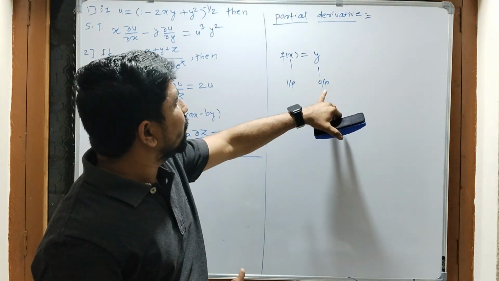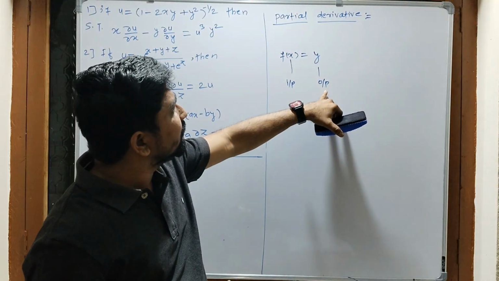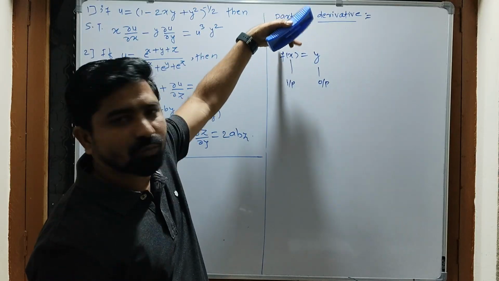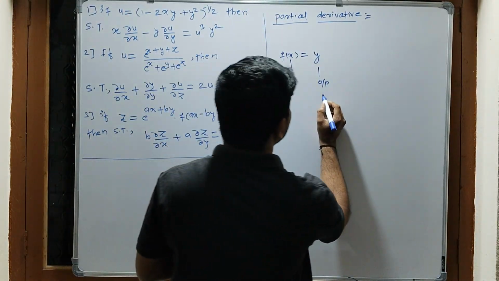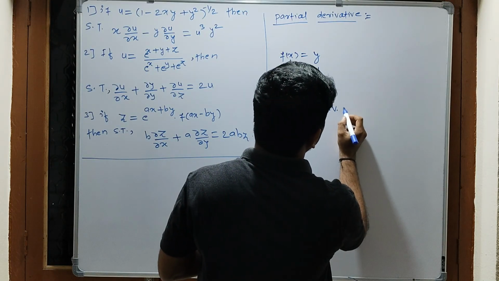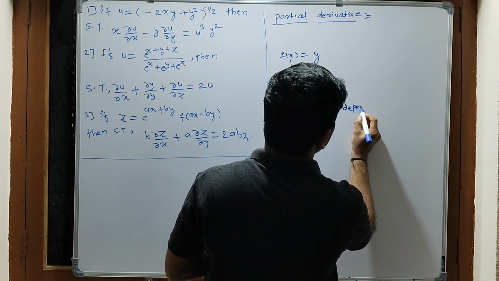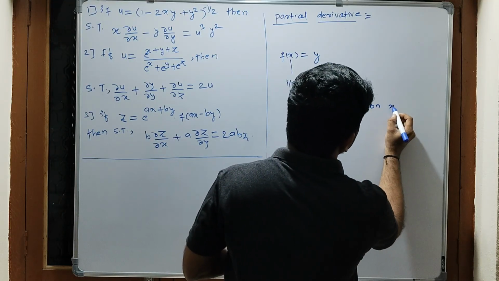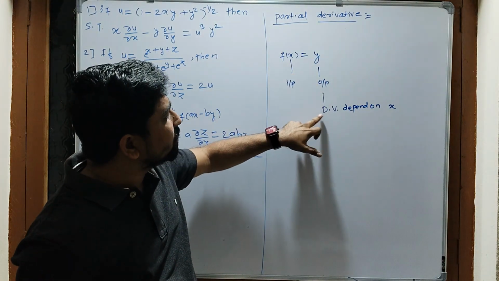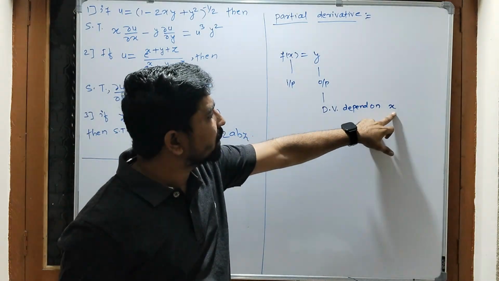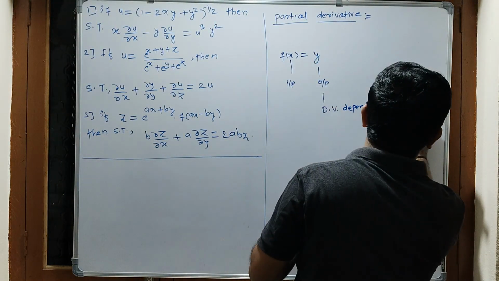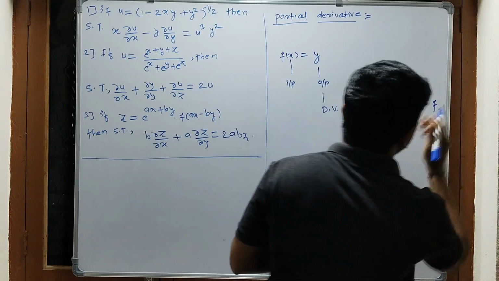So this output y is the dependent variable, which depends on x with respect to this function f. So here it depends on x with respect to function f.